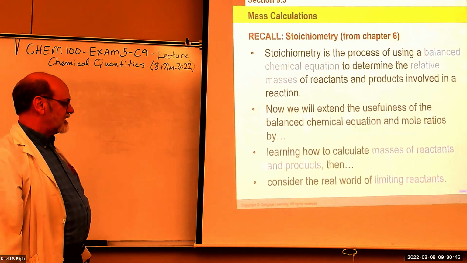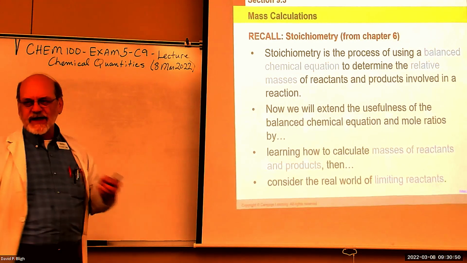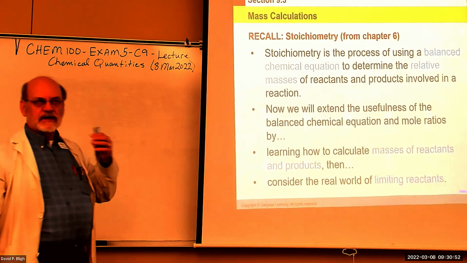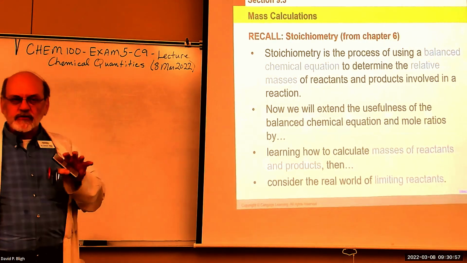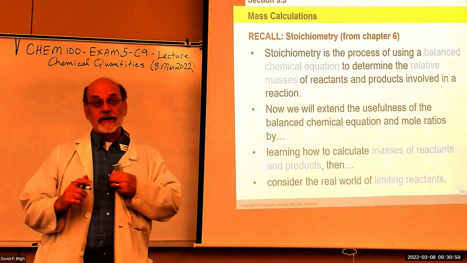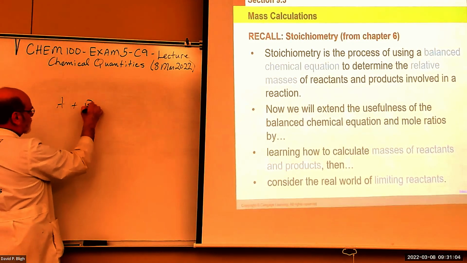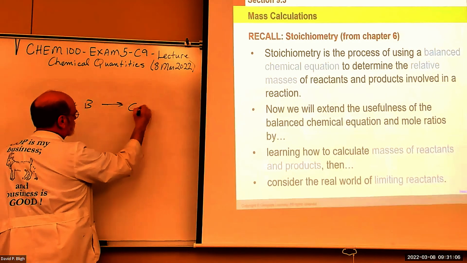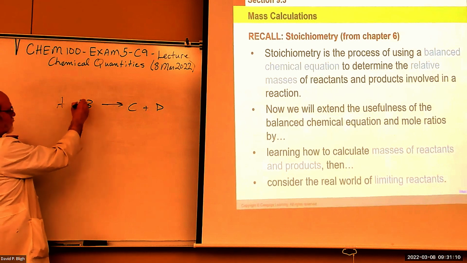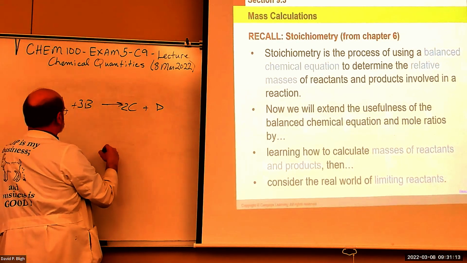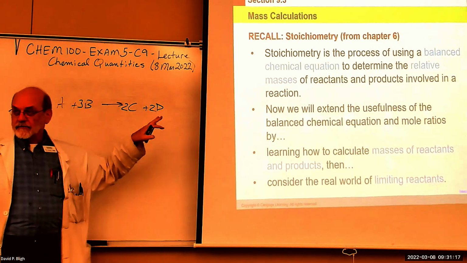We're eventually going to get to that topic of limiting reactants. Whenever you have a generic equation, A plus B yields C plus D, and let's say, just for argument's sake, we have 3 of these, 2 of those, and 2 of these, so we have our mole ratios here.